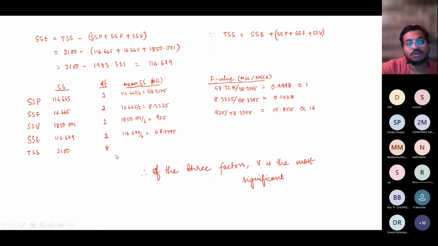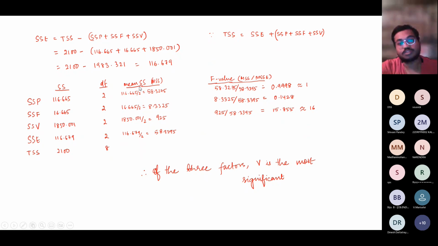The degrees for total sum of squares will be the total number of data points, 9, minus 1, which is 8. To calculate the degrees of freedom for error, we take the total and subtract the sum of these three: 8 minus (2 plus 2 plus 2), which is 8 minus 6, which is 2.